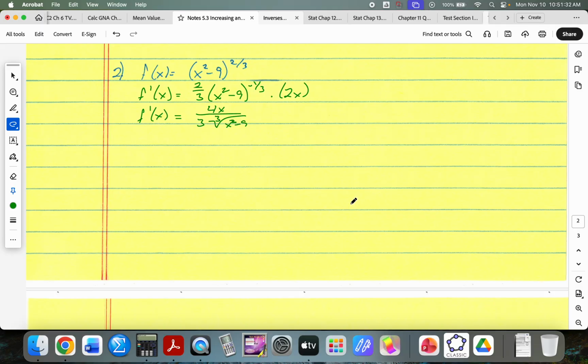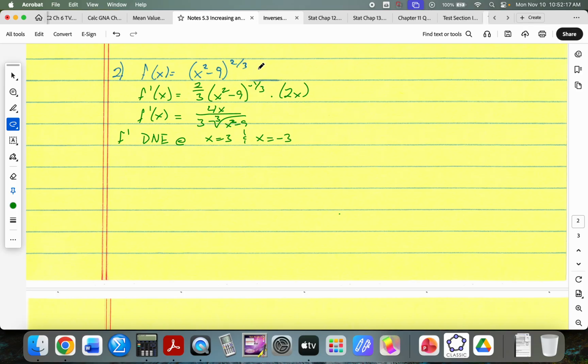Where does that derivative not exist? 3 or -3? Yeah, 3 or -3. Now, before we go on, does the original function exist at 3 and -3? Yeah, you're taking the cube root of 0, which is 0.